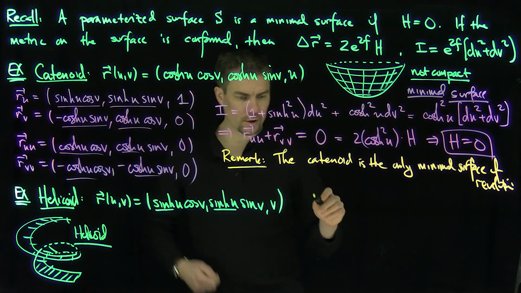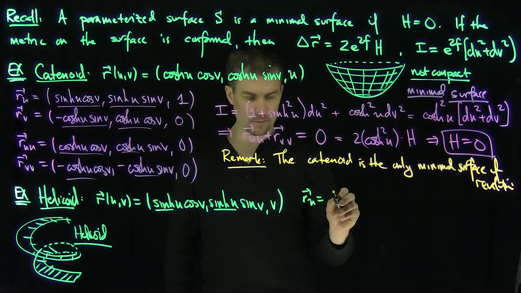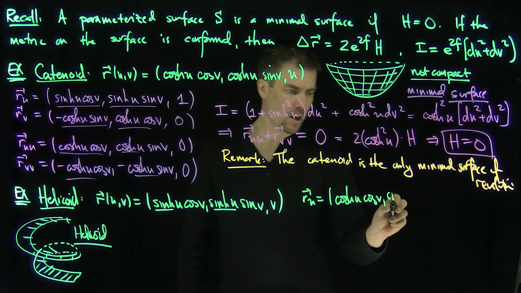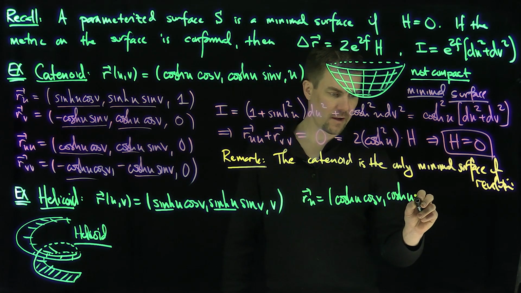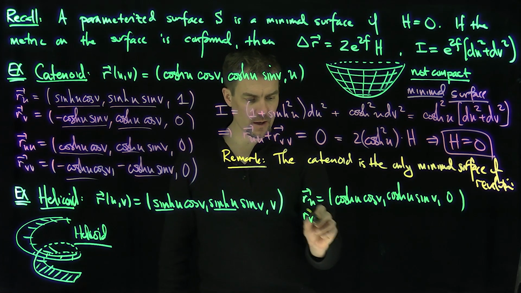Good. What's Ru? Ru is going to be cosh u cosine v, cosh u sine v, and then 0. What's Rv going to be?